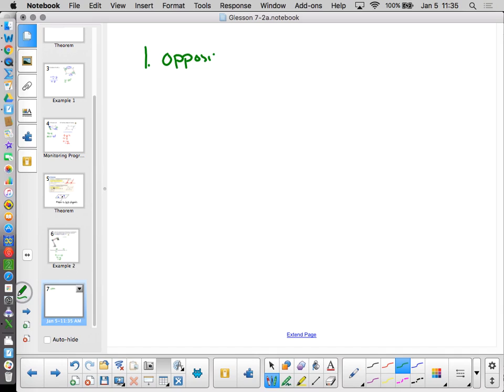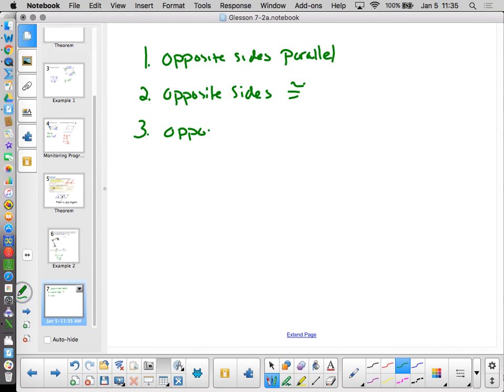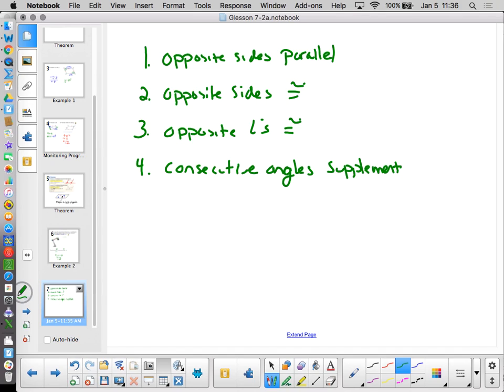Opposite sides parallel, opposite sides congruent, opposite angles congruent, consecutive angles supplementary, and diagonals bisect each other. Those are my properties of parallelograms.